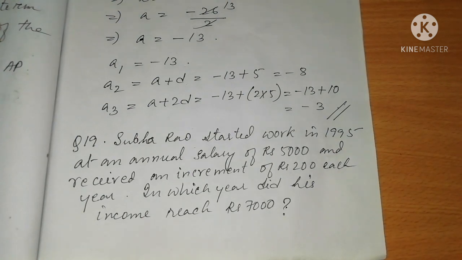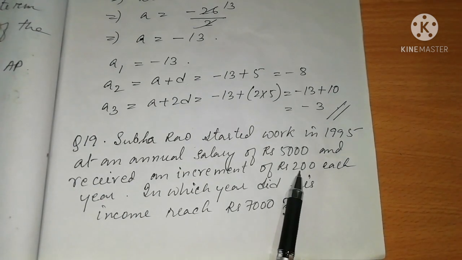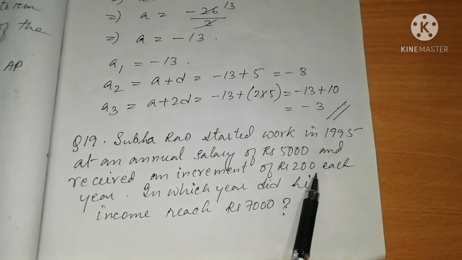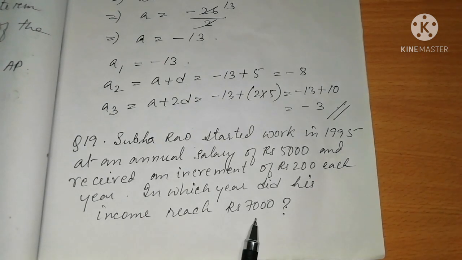He started in 1995 with a salary of 5,000. Every year he used to get an increment of 200. That means this 5000 is your first term, this 200 is your common difference. By increasing 200 each year, he reached the amount of 7000. That means this 7000 is your last term.